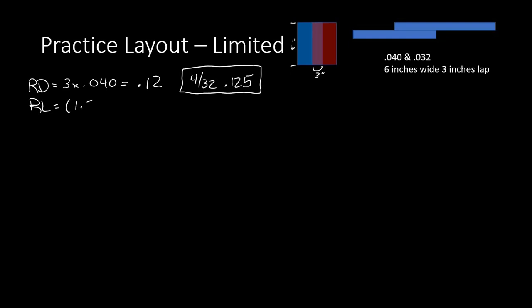Rivet length is 1.5 times my rivet diameter plus grip. Grip in this case is 0.040 plus 0.032, 0.072, and then times 16.